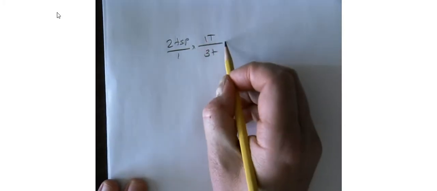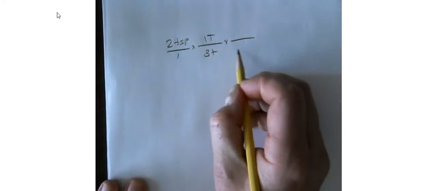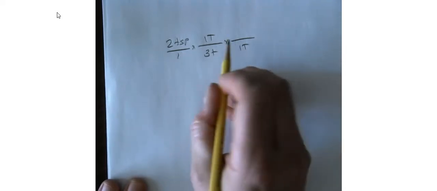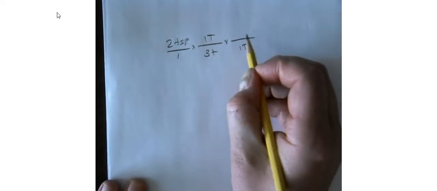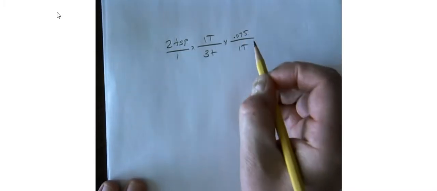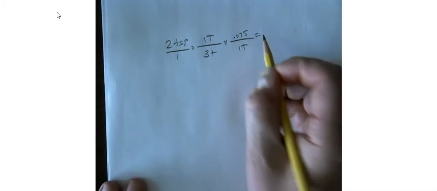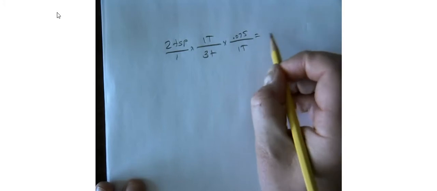So 2 teaspoons over 1. 3 teaspoons is 1 tablespoon. 1 tablespoon is 0.075. And when I do that out, I get 0.05 ounces.